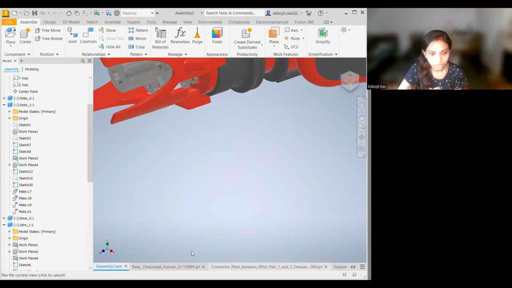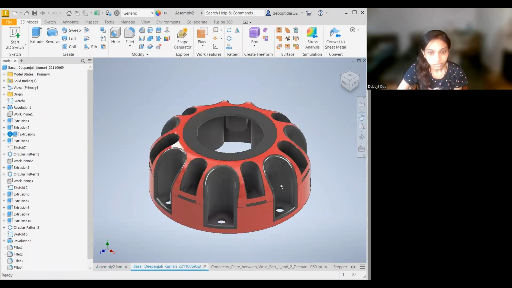Coming to the base part, first we made this circular arc, and then we extruded it, and then we made the flat part of this circular part, and then we made this part circular and extruded it with the appropriate dimension.